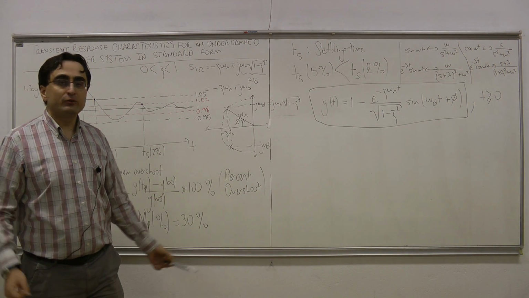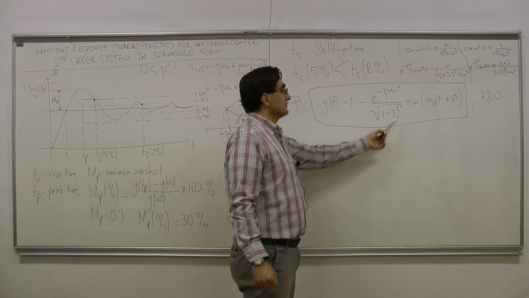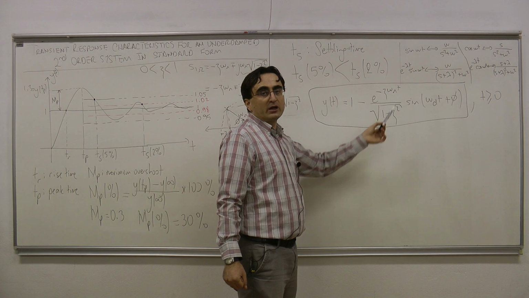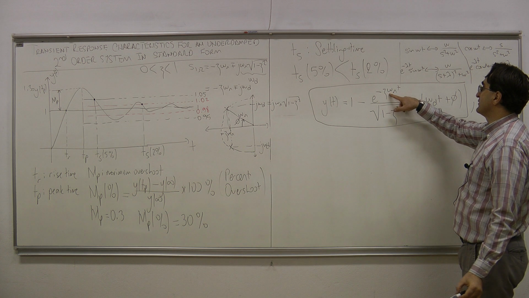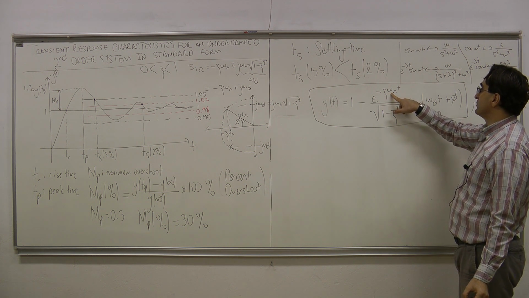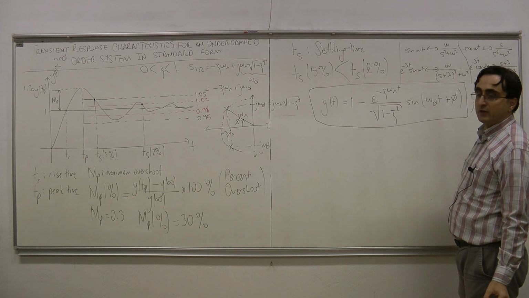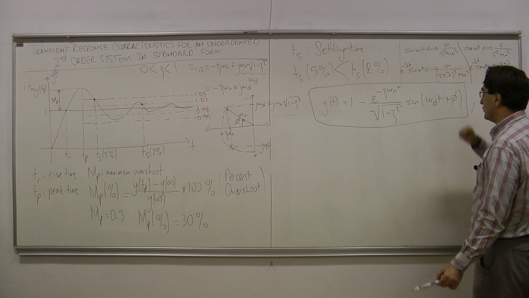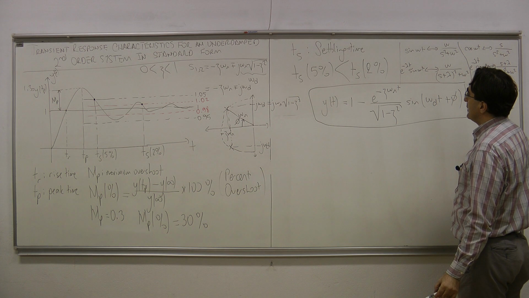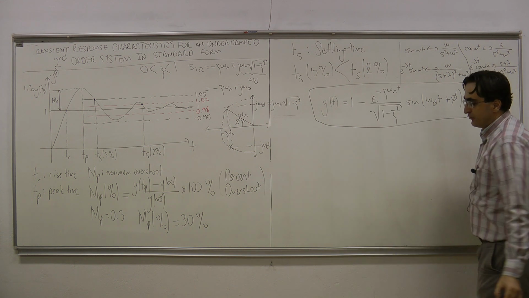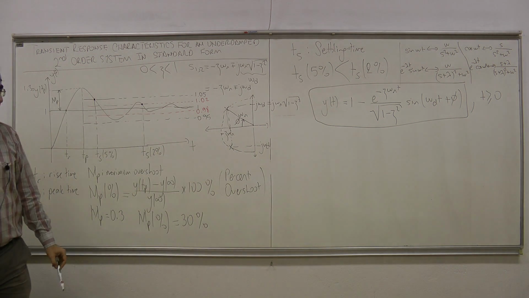But what about its amplitude? The amplitude of that sine is determined by this constant term and this decaying exponential. Why is that exponential decaying? Because psi is positive and omega n is positive, so I have a positive number multiplied by a minus sign times t. So I have e to some negative number, and that is why this exponential is always decaying.